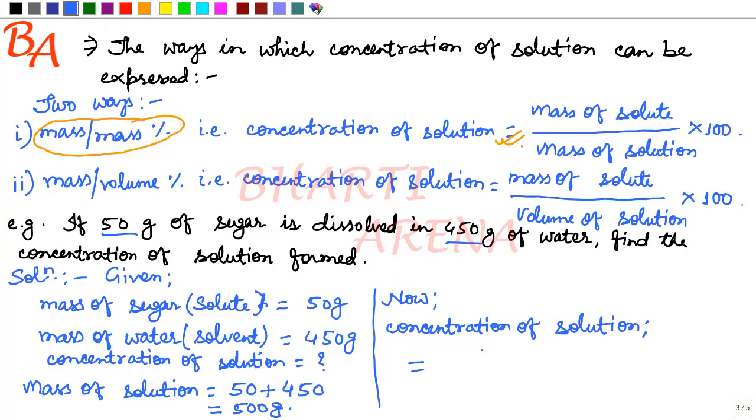The mass of solute will be 50 gram by mass of solution 500 gram into 100. 50 tens are 500, so the answer will be 10%.